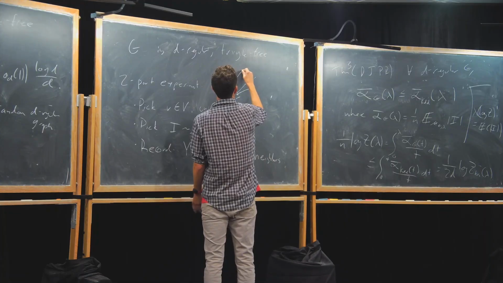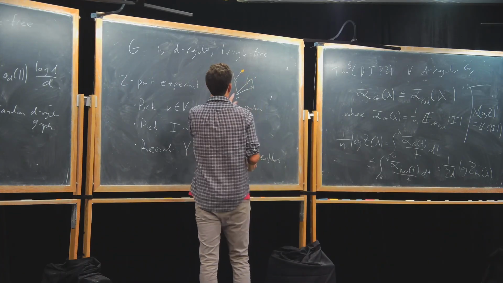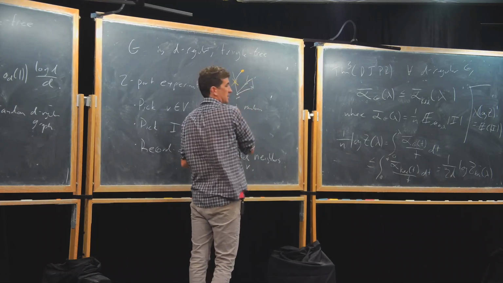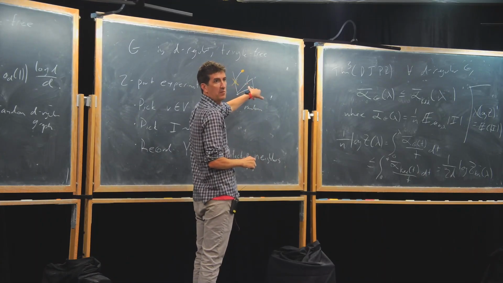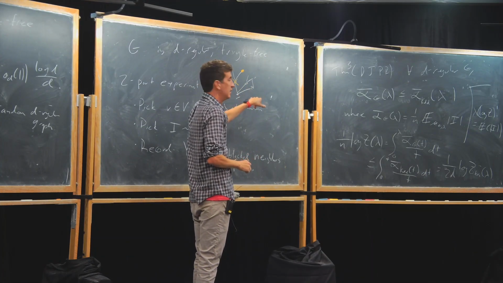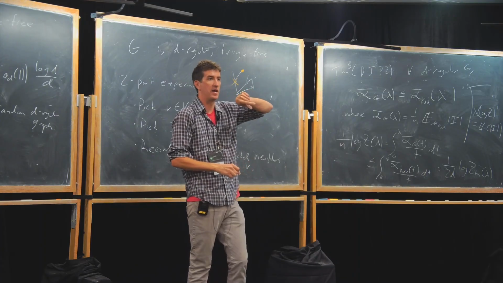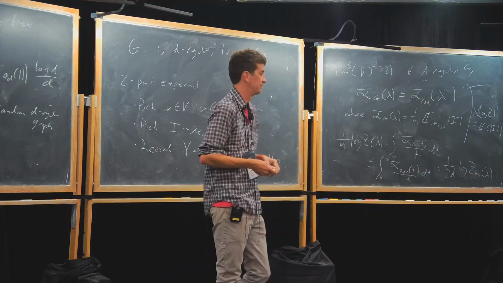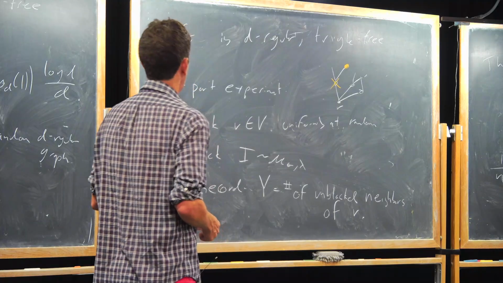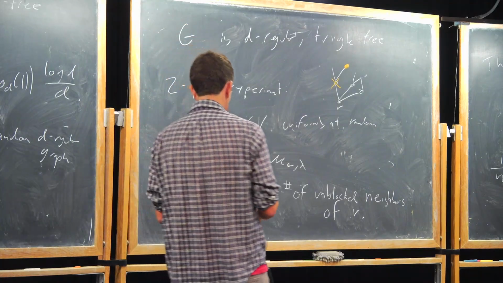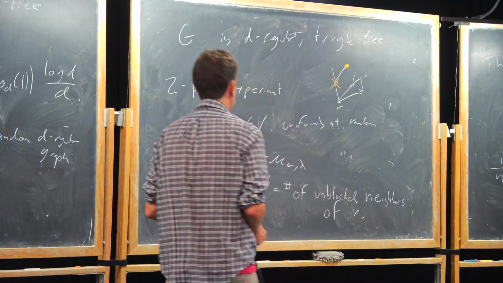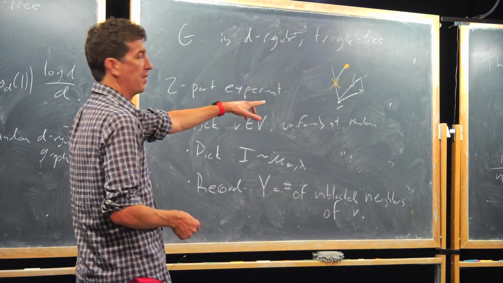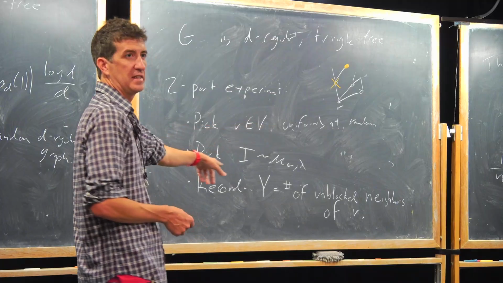If this vertex is in the independent set, then this vertex is blocked, but maybe none of these vertices are in the independent set, and so V would have two unblocked neighbors. If V itself is in the independent set, then V has 0 unblocked neighbors, because V is blocking. So that's this experiment, and then what I want to do is write this alpha bar in terms of statistics of Y.